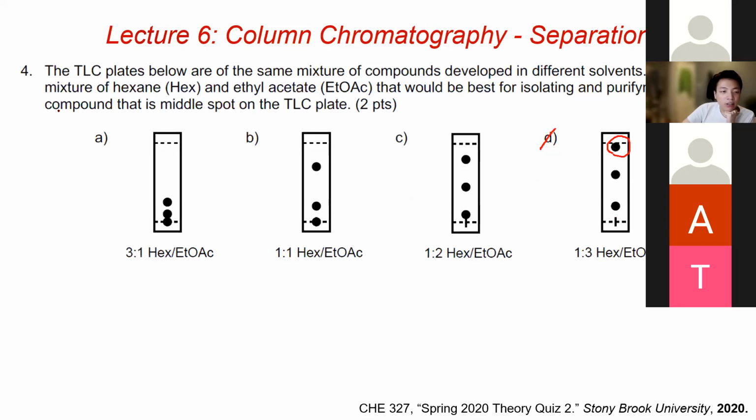And the question asks to isolate and purify the mixture in the middle spot. So we want to separate the middle spots, which is this, and this, and that. What do you guys think? Which one seems more promising?